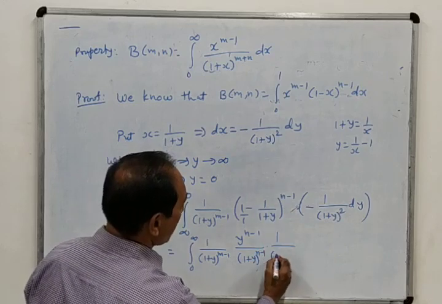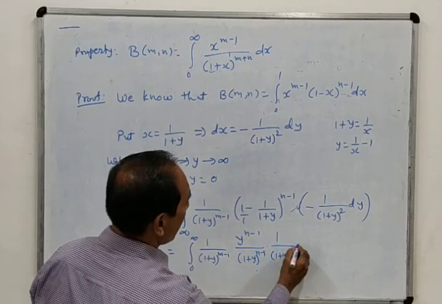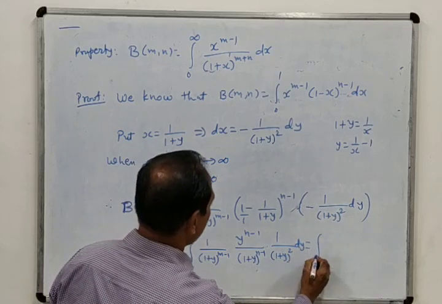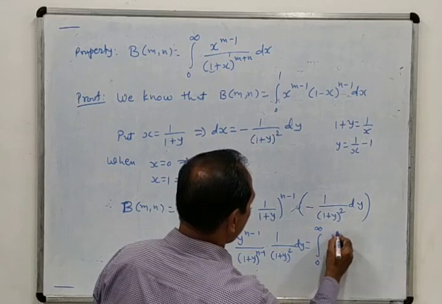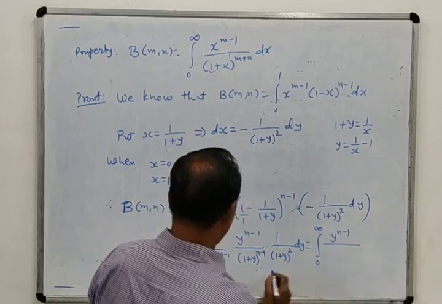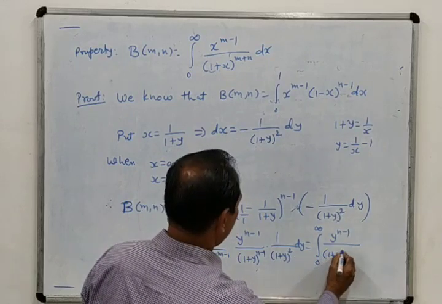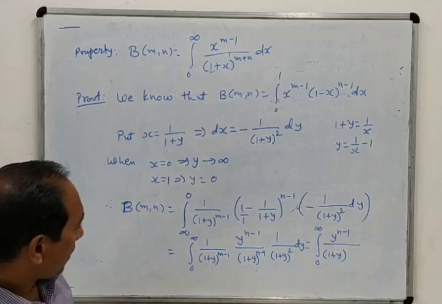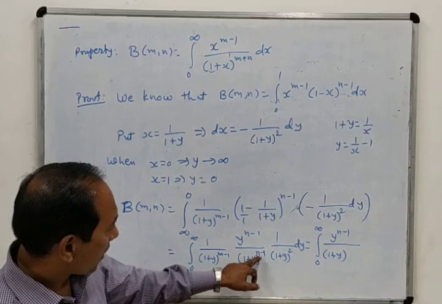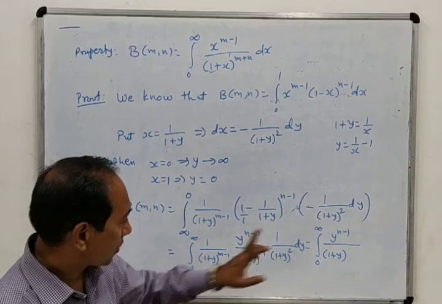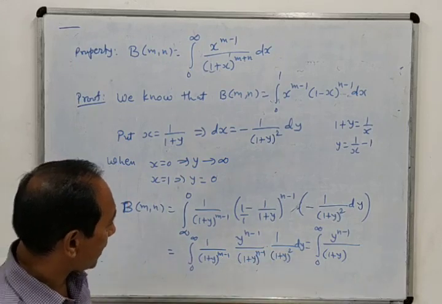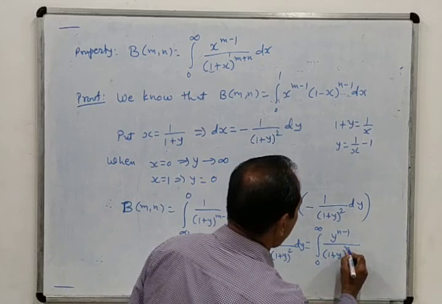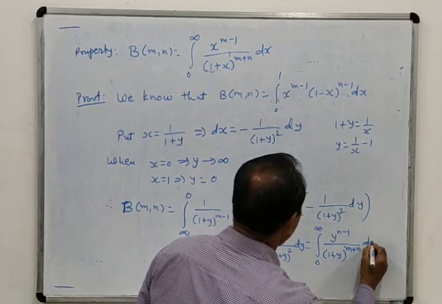And it is 1 upon (1 plus y) whole square dy. So this is nothing but 0 to infinity, y raised to n minus 1, and (1 plus y) raised to, see here, it is m minus 1 plus n minus 1 plus 2. So minus 1, minus 1, minus 2 plus 2 means they will be cancelled. So we will get m plus n dy.